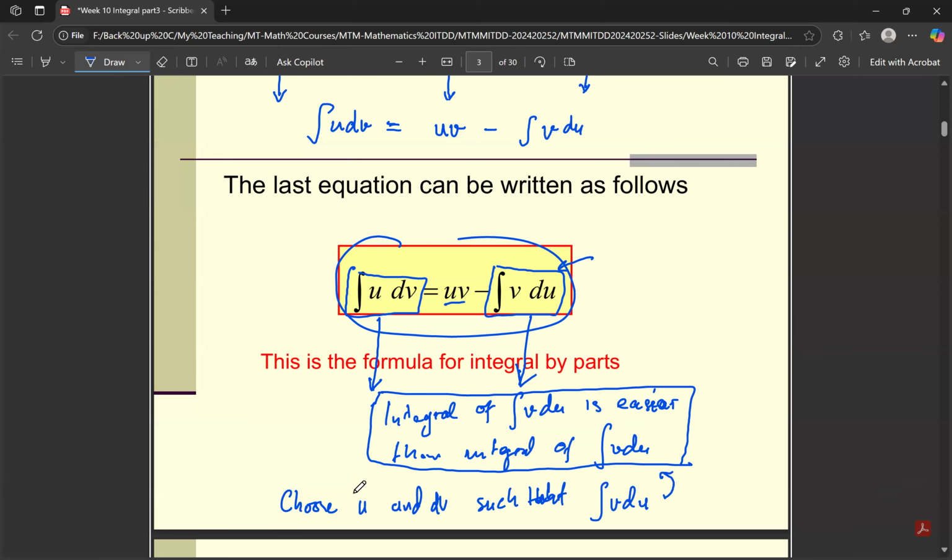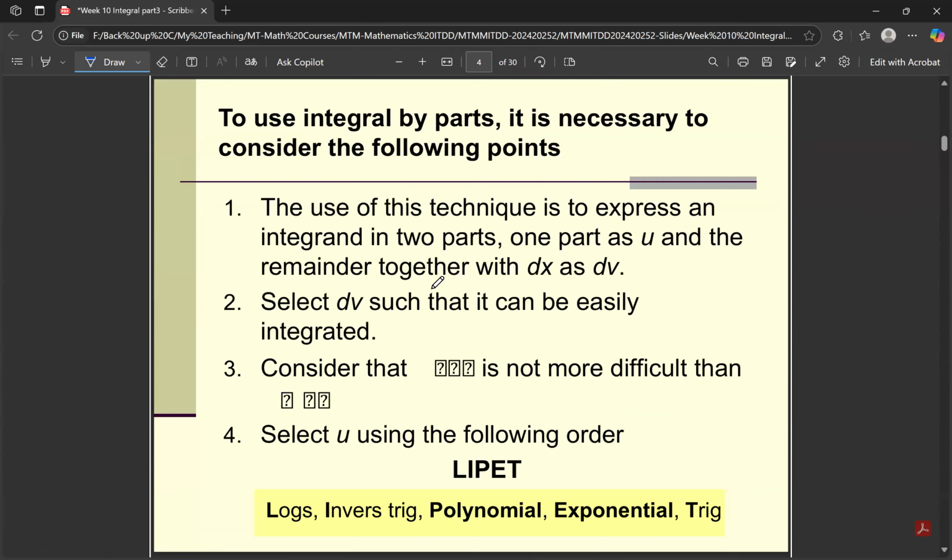So this is the most important thing we should do. We must choose the correct u and dv.